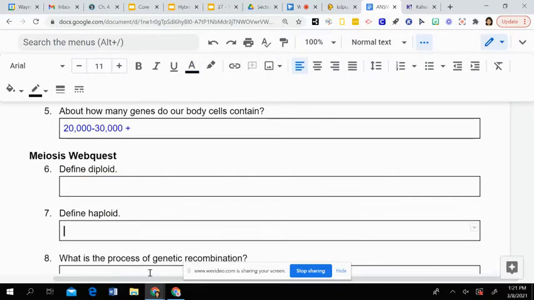Then, moving on to our WebQuest section. What is a diploid cell, or what does it mean to be diploid? How would you explain that? Allie, go ahead.